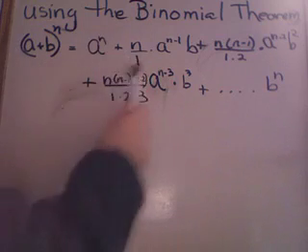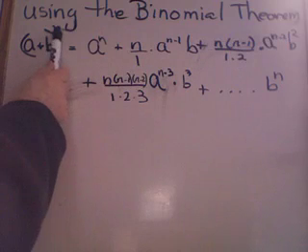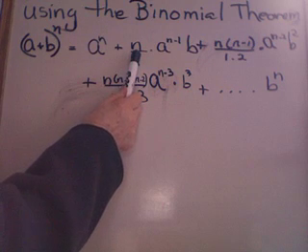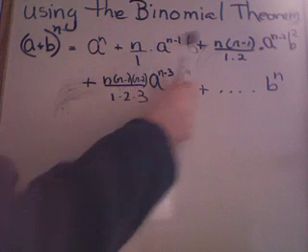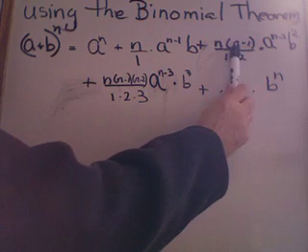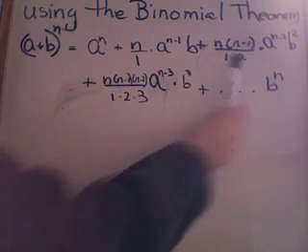Now, the interesting part is how we get those coefficients. Notice this is a n, so that's an n, or the same number. If this was 15, that would be 15. This would be 15 minus 1, which would be 14, over 1 times 2.